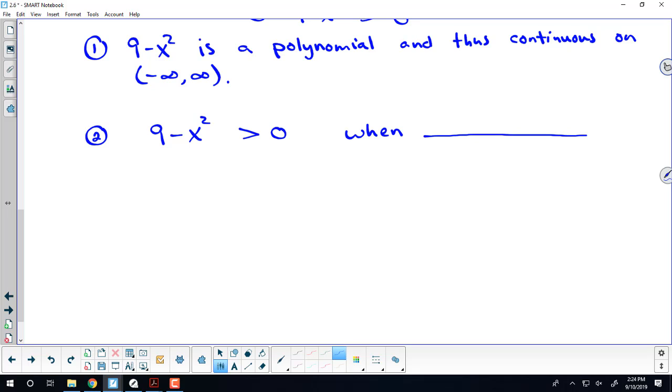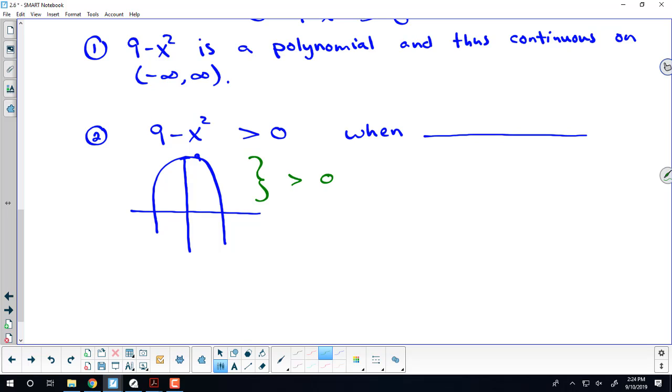So we reflect it, and then we shift it up 9 units. If we look at the graph of that quadratic, let's say that's 9 right here, then everything above the x-axis is where it's larger than 0.